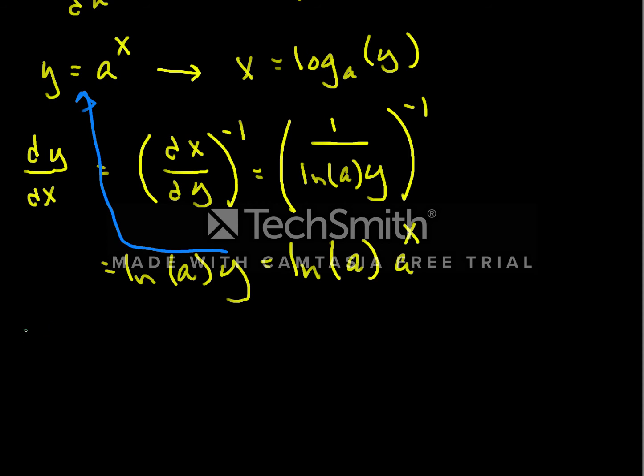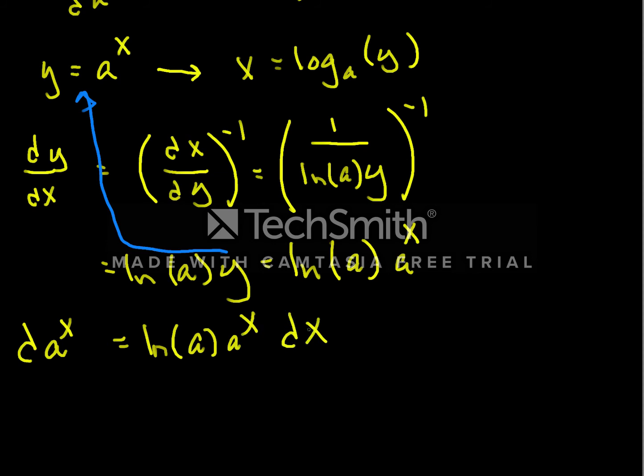So just writing out differential form, d of a to the x is equal to natural log of a times a to the x dx.